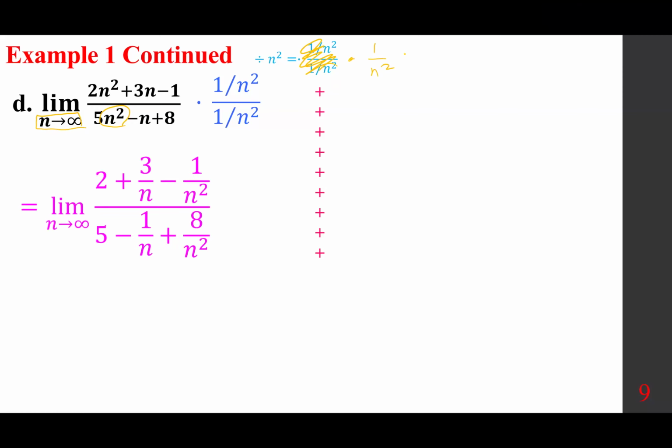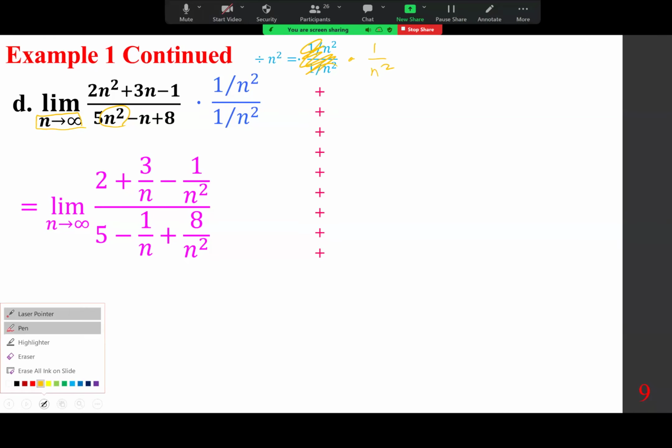And so with that being the case, we do them one by one. And what do we get? This one gives us 2, this one gives us 5, this one 3 over n, this one minus 1 over n, this one minus 1 over n squared, this one 8 over n.